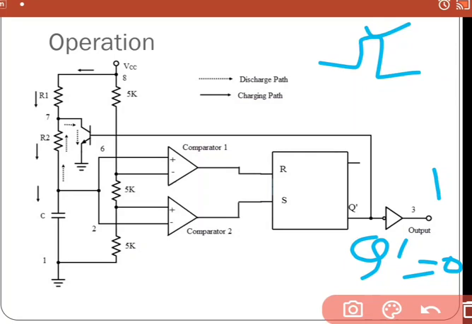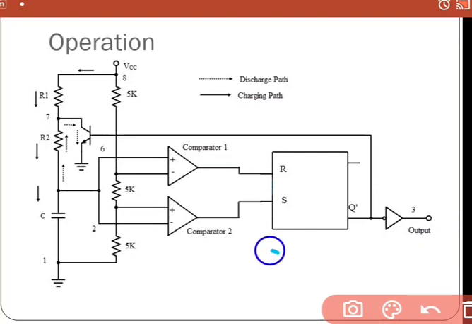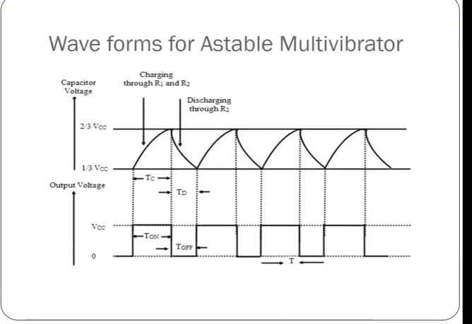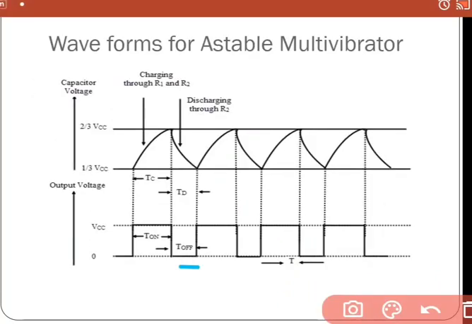And when the capacitor is discharging, that means when Q bar is equal to 1, then the output is 0. Then we are getting this portion. So we are getting a waveform like this.